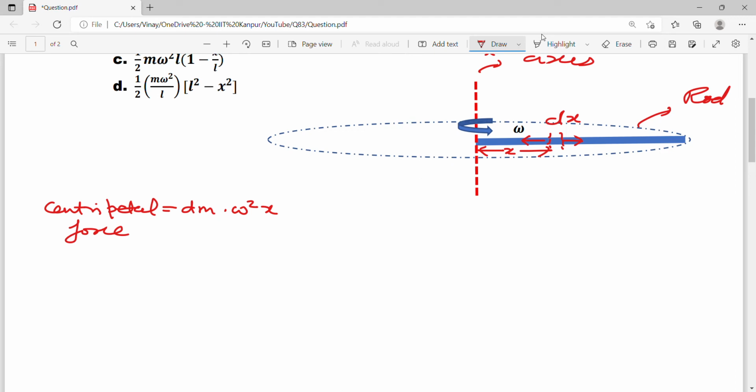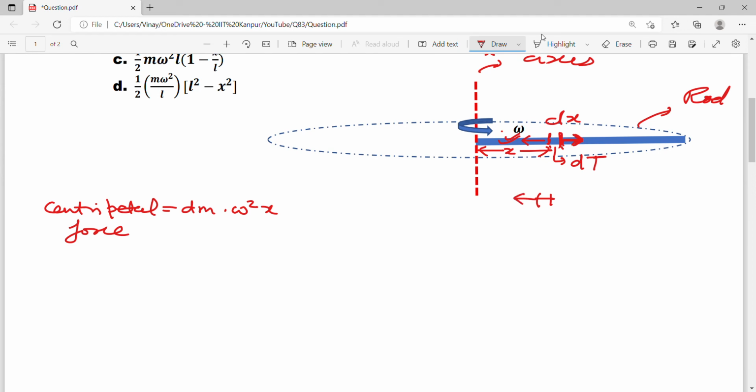If you are considering only dx, and the tension in dx is dt, this dt is going to act on the rest of the mass, listen to me carefully, the rest of the rod, that means on the right side. This is if you are cutting that dx portion here.